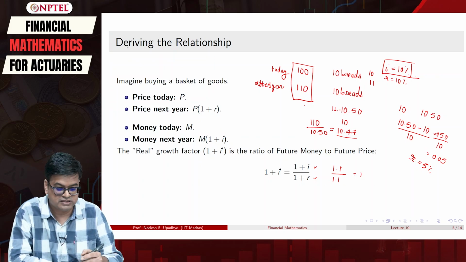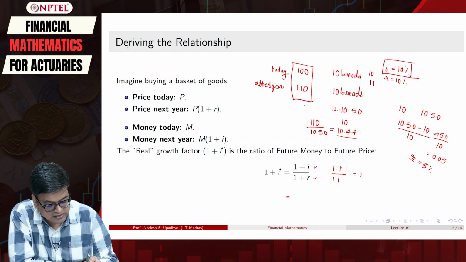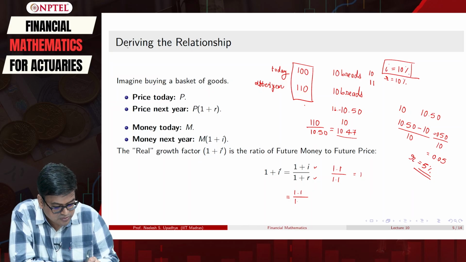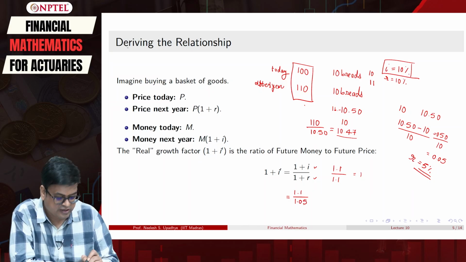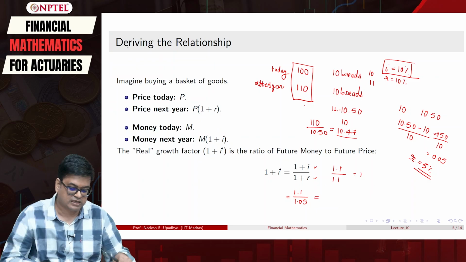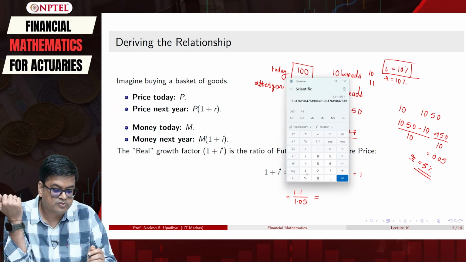So in this case what will happen? I will simply substitute: 1.1 will remain as it is, and now my new R is 5%, so it is 1.05. I can easily compute 1 plus I prime: 1.1 divided by 1.05, which is equal to 1.047.